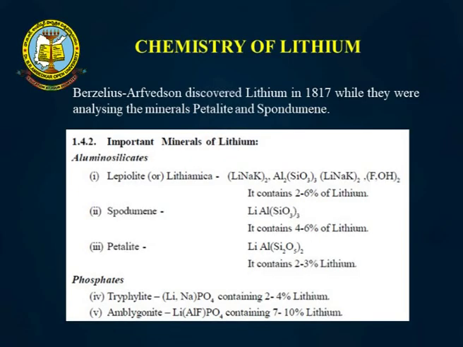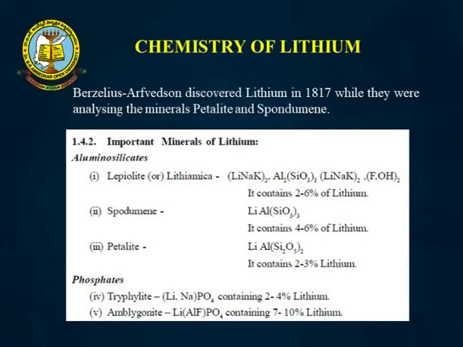Next, the chemistry of lithium. Lithium is the first element in group 1, and the chemistry of the elements involves a detailed study of lithium. Lithium was first discovered by Berzelius in 1817.